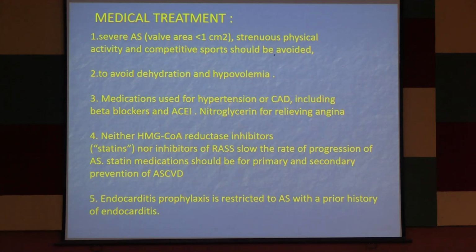Rather, it is indicated for primary or secondary prevention of atherosclerotic cardiovascular disease. And lastly, endocardial prophylaxis, only in the situation in which a history of previous thromboembolic complications or history of endocarditis occurs.